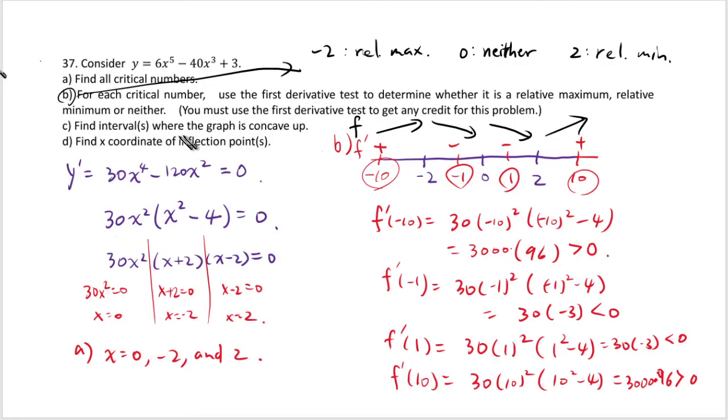Now we have to find the intervals where the graph is concave up. That requires the second derivative, so let's remember that this is our y prime, 30x to the fourth minus 120x squared, and differentiate that.